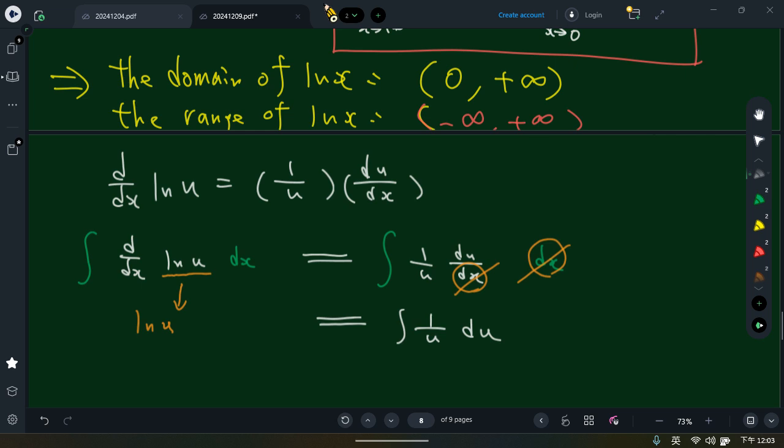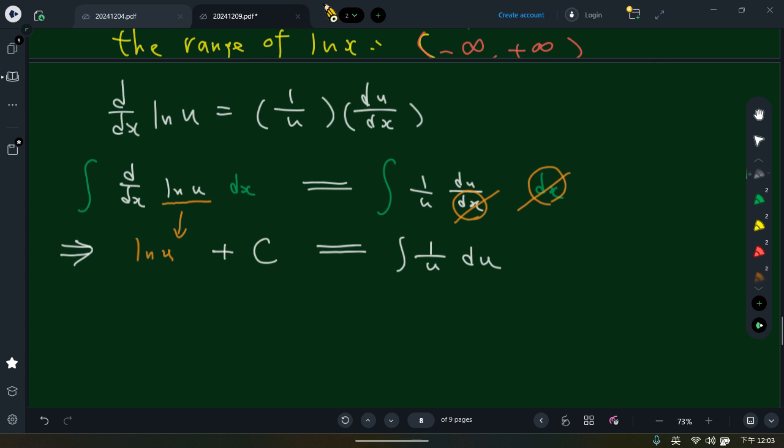But since this is an indefinite integral, for the right hand side, we need to have plus c. So finally we can conclude that integral 1 over u du is equal to ln u plus c.